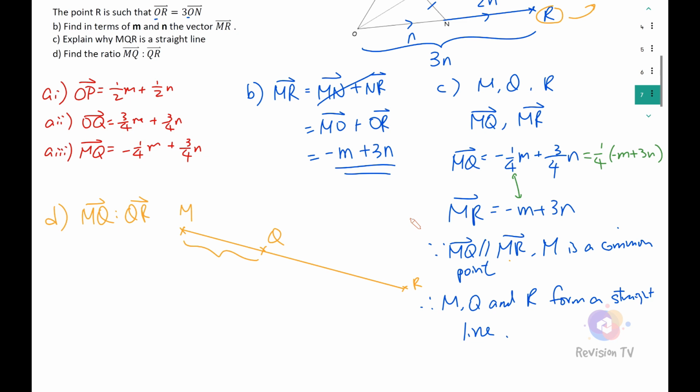So in terms of ratio, this will be 1 to 3, because the whole thing is out of 4 parts. So that's 1 part, and that's 3 parts. So therefore, MQ to QR is 1 to 3. Or using the fraction, a quarter, when it comes to factorizing.